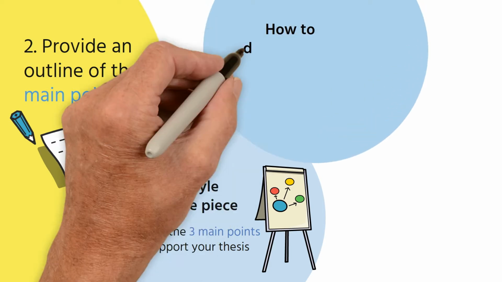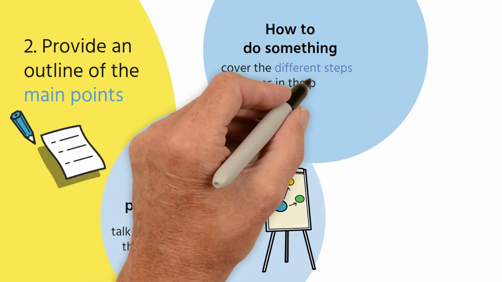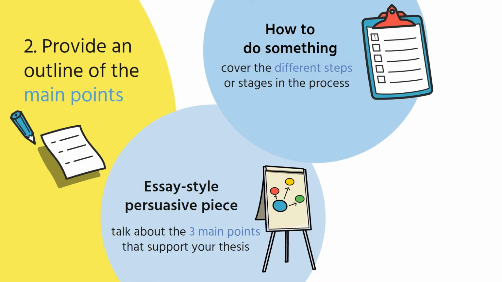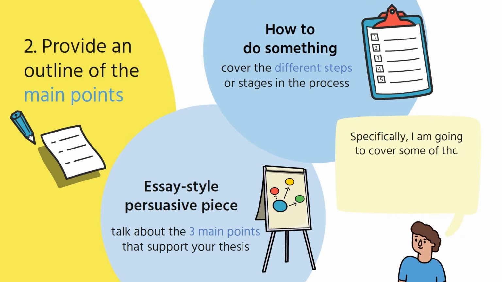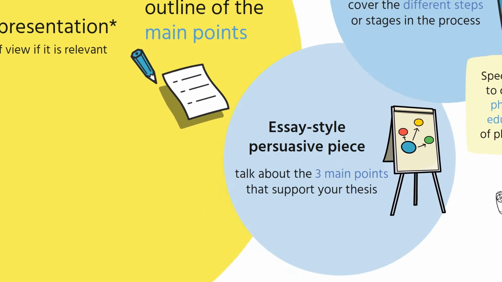If you are explaining how to do something, your presentation might cover the different steps or stages in the process. In any case, it is important to list these main points or sections at the beginning. For example, specifically, I am going to cover some of the physical, social, and educational benefits of playing video games.